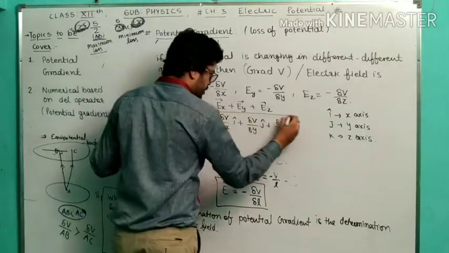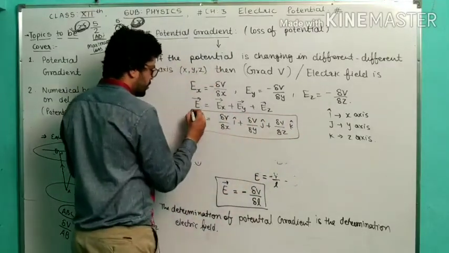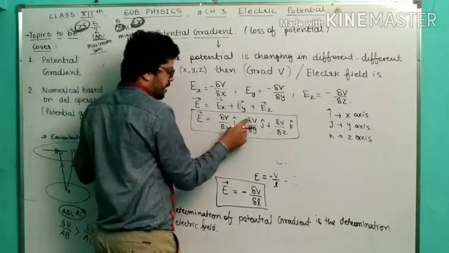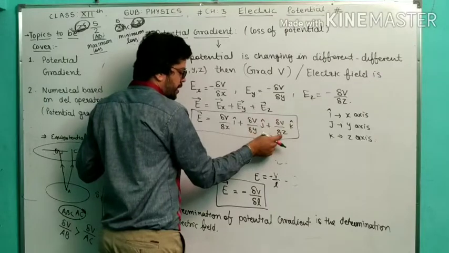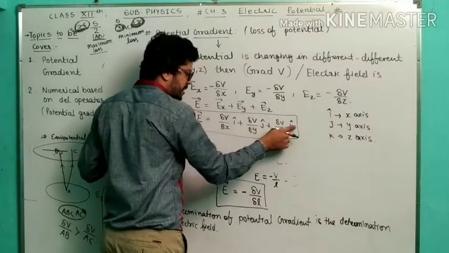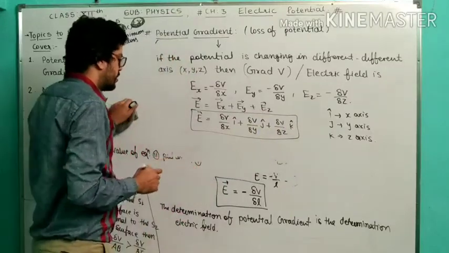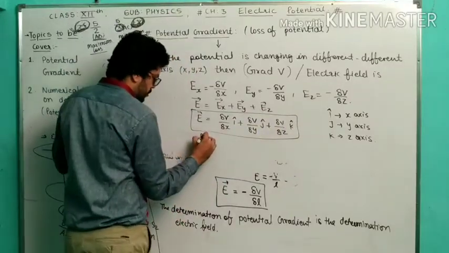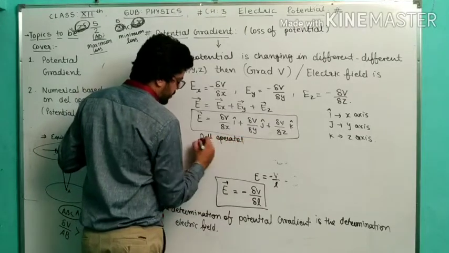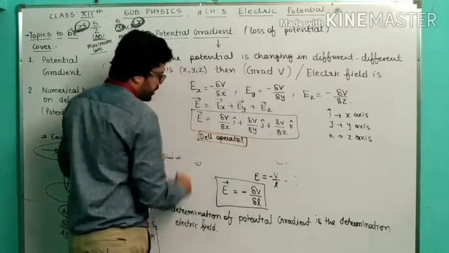So this is an important condition you have to note in your brain. When we talk about del V upon del x, del V upon del y, del V upon del z, with x-axis I cap, y-axis j cap and z-axis k cap, this is called your del operator.